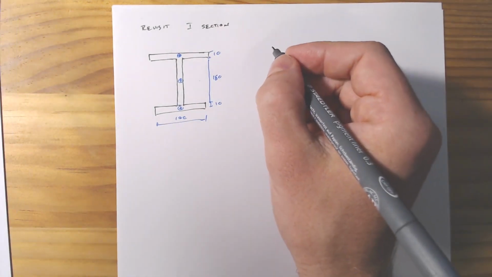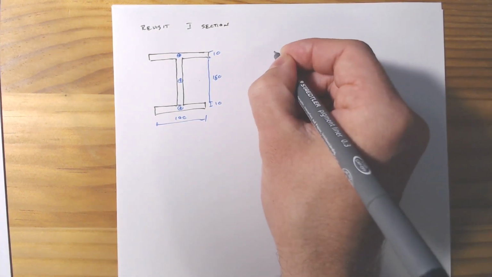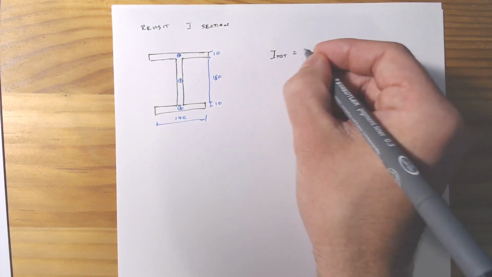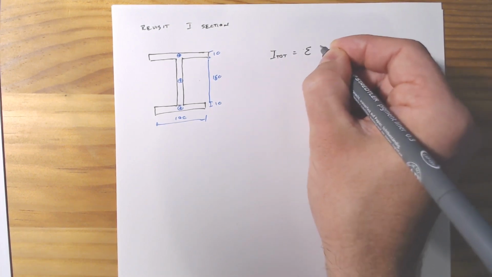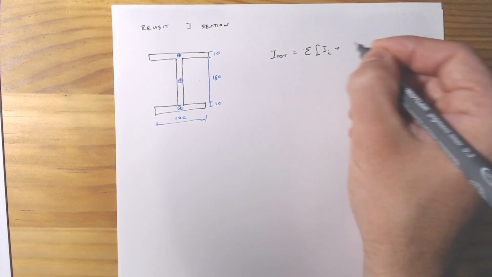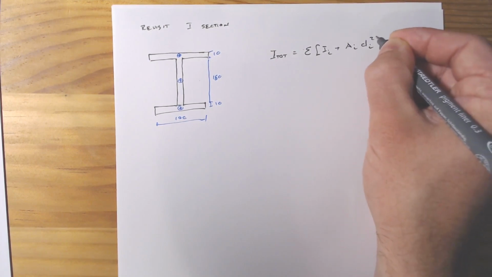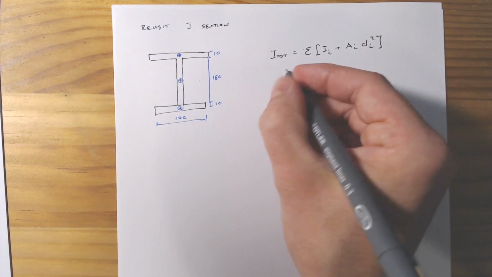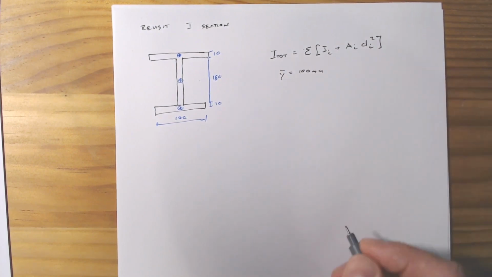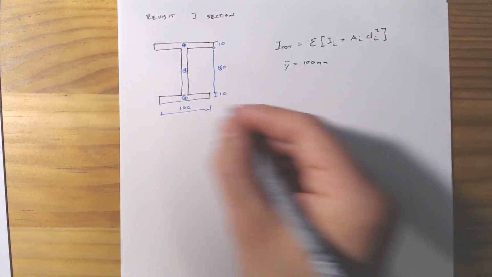So we can work out that I total is simply going to be the sum of each little piece plus the area of each little piece times its distance to the centroid squared. We know the centroid is 100 millimeters. So let's just write all of this out.